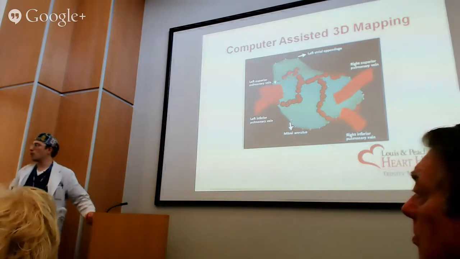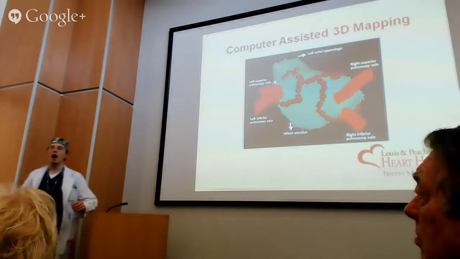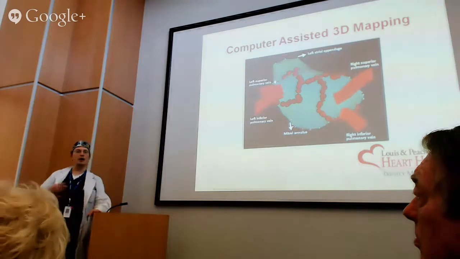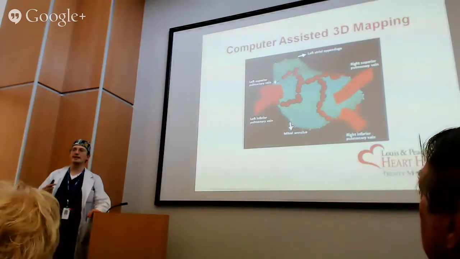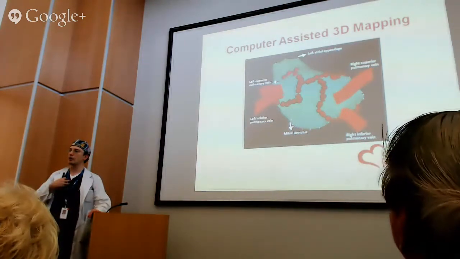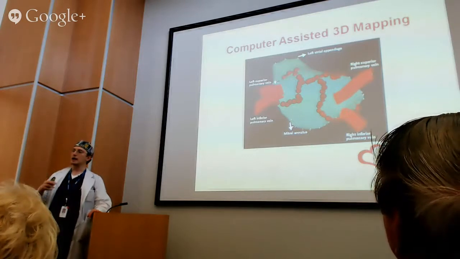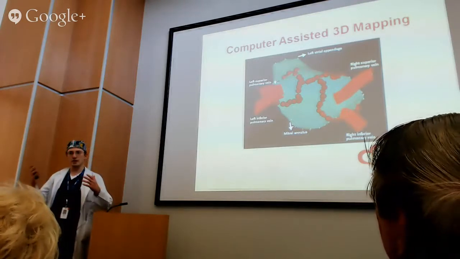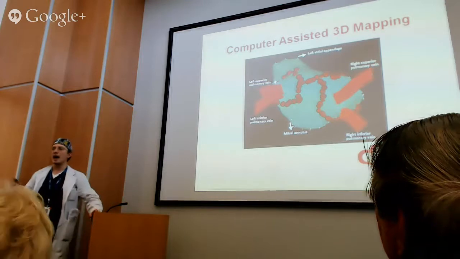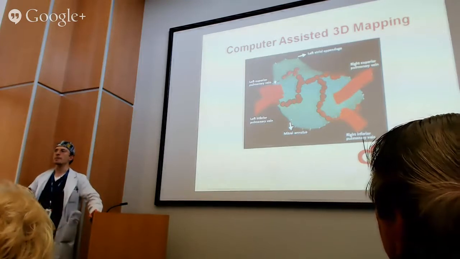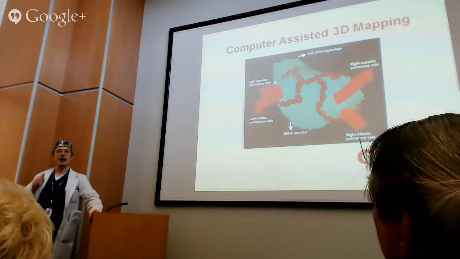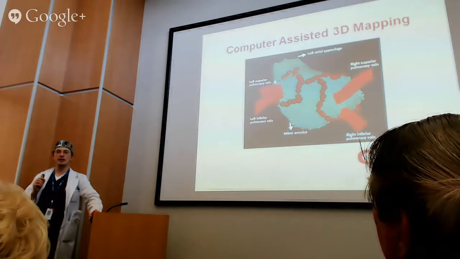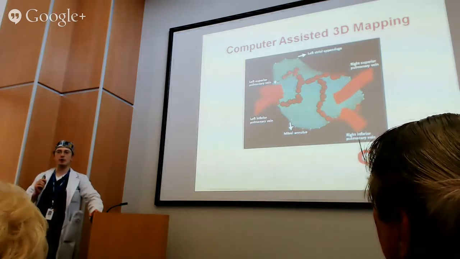This is an example of a computer model that we use for ablation of atrial fibrillation. And basically what we do is we introduce a catheter into the heart and position it in the left atrium, which is typically the source of abnormal heart rhythms in atrial fibrillation. The catheter has a tiny little GPS transceiver that tells us where the catheter is.